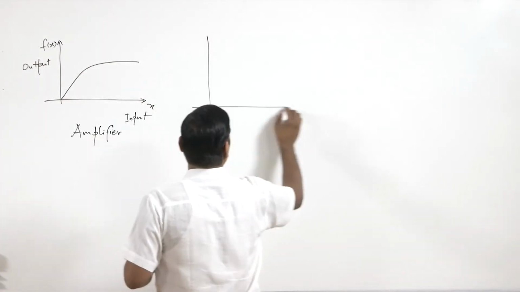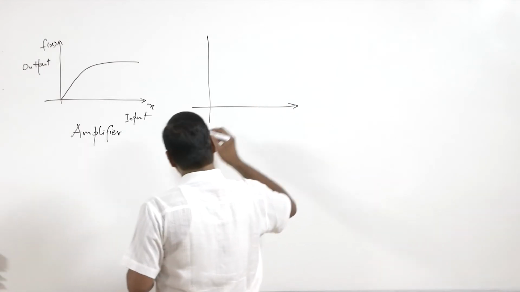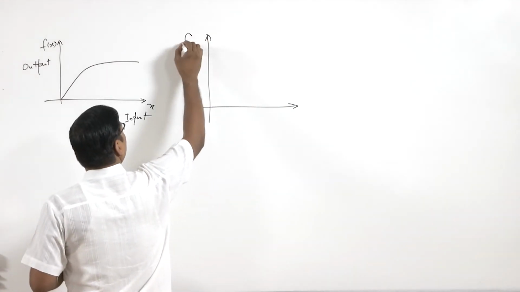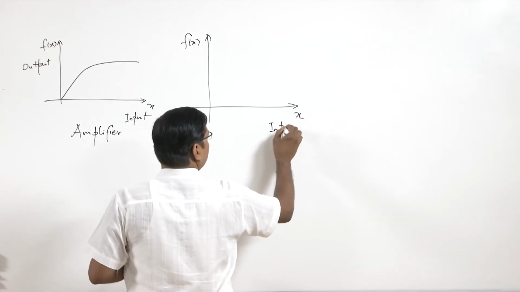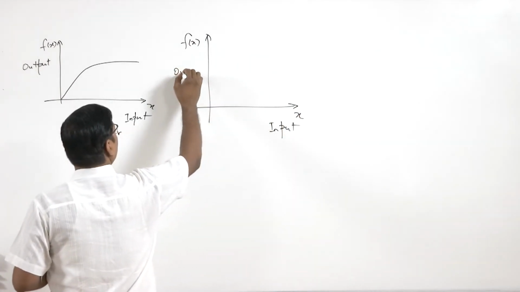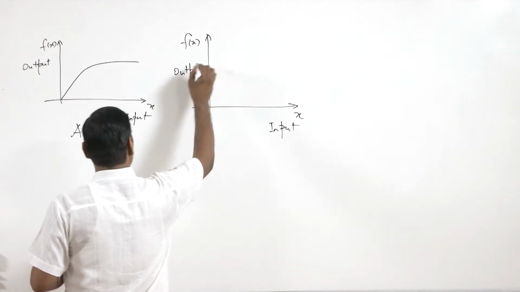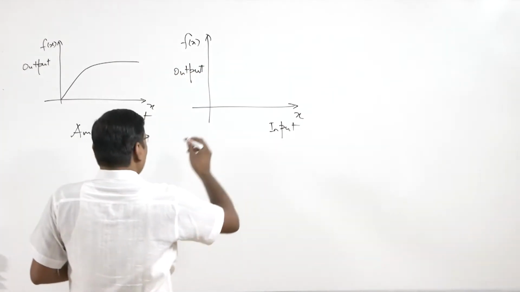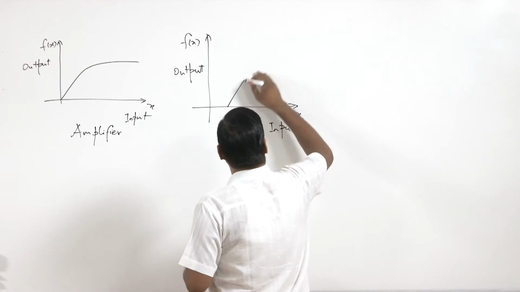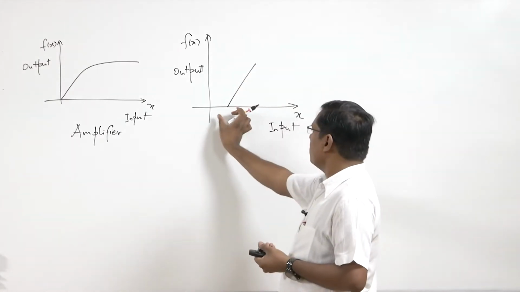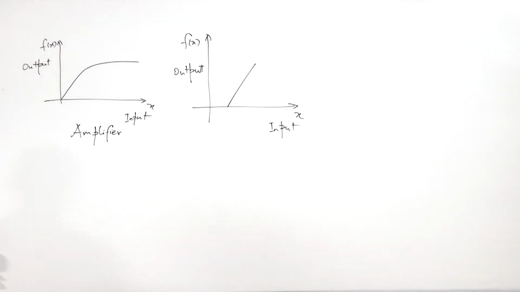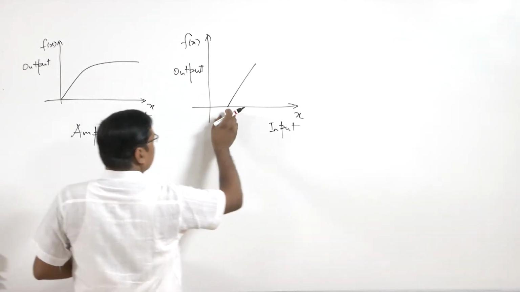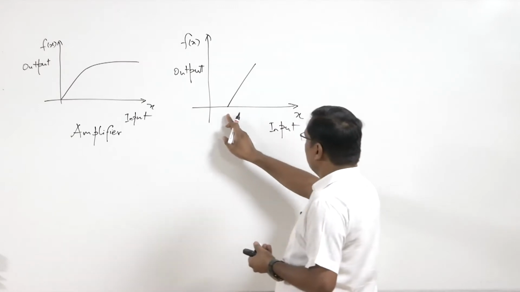If this is a motor, and this is the output and this is the input, this may behave like this. So initially there could be some dead zone, so no response, and then it will respond.